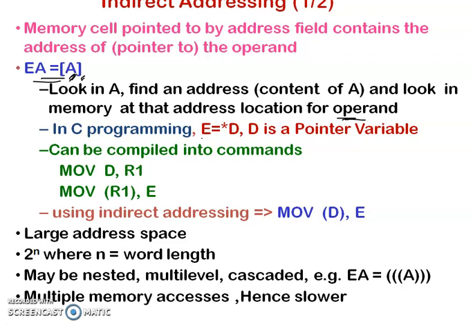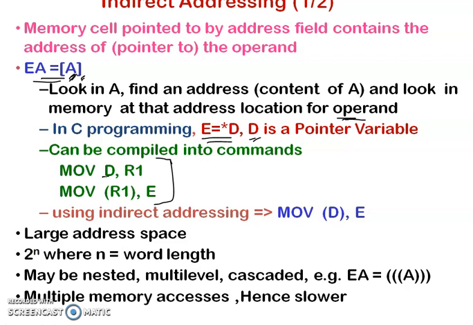So for example, if we need to implement E is equal to *D, where D is a pointer variable. What is the meaning of that? D will be having an address where the actual value will be stored. In order to implement the statement, we can give the commands like this. MOVE D, R1.